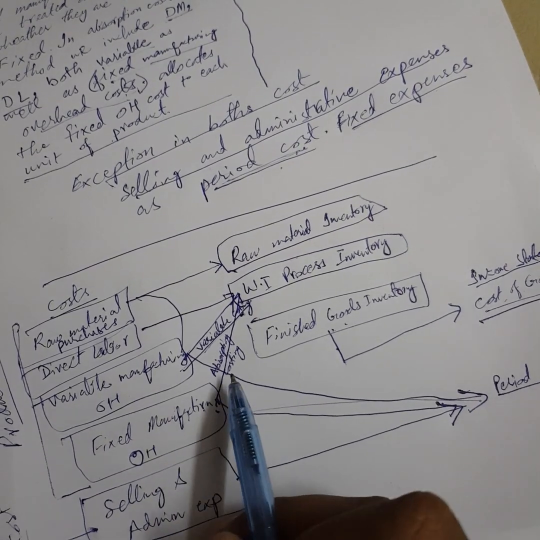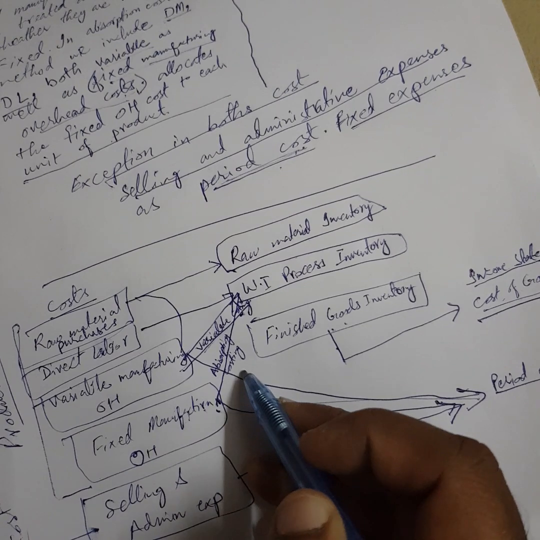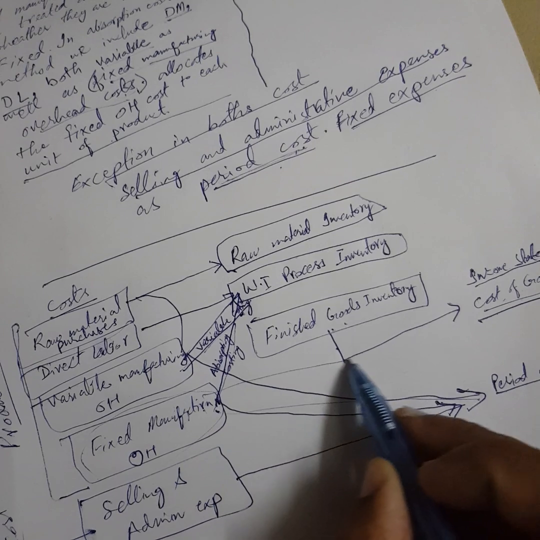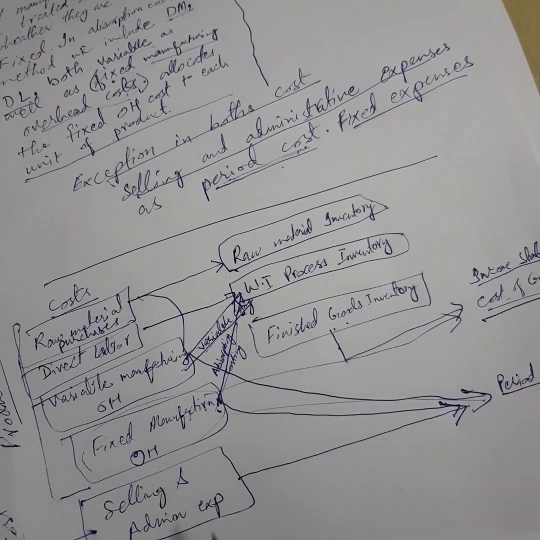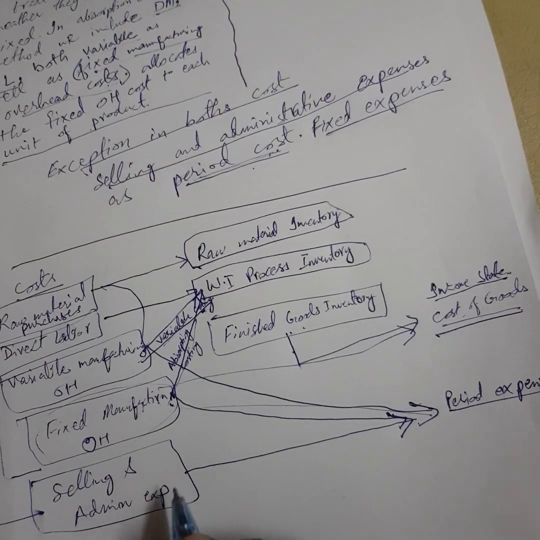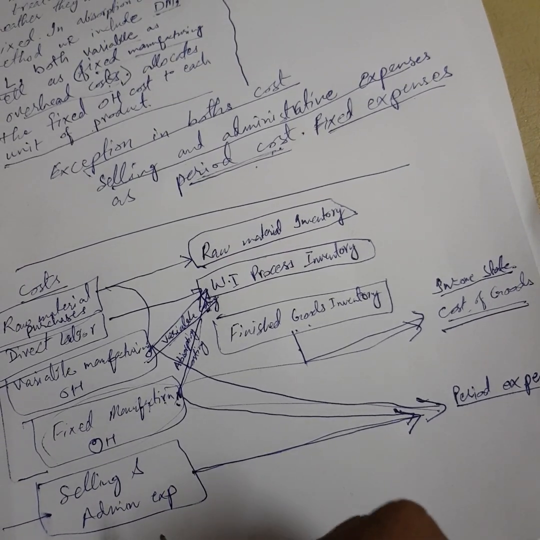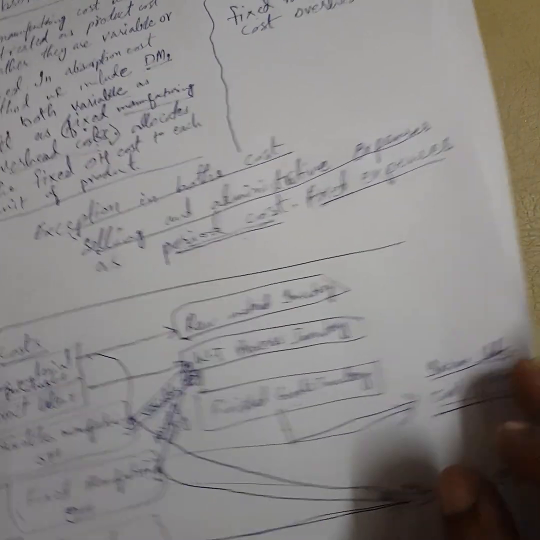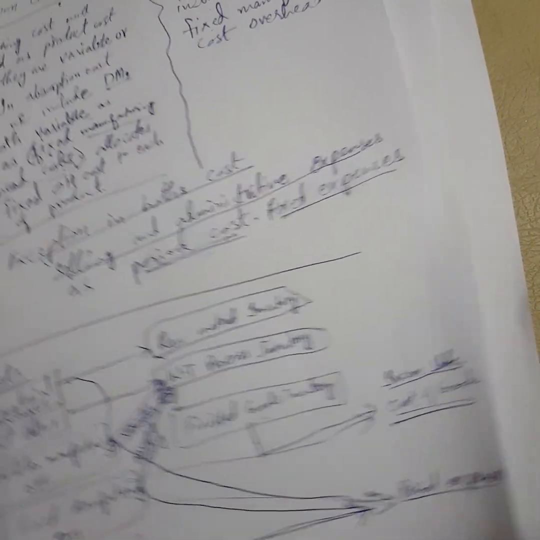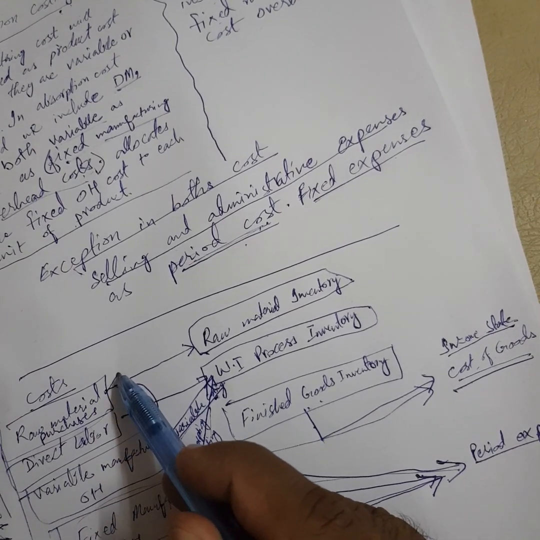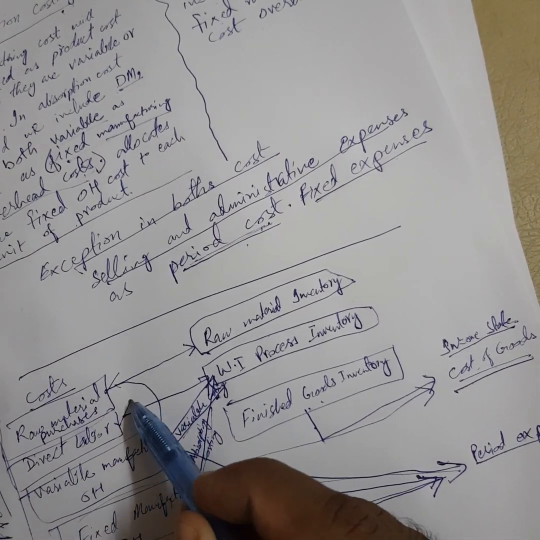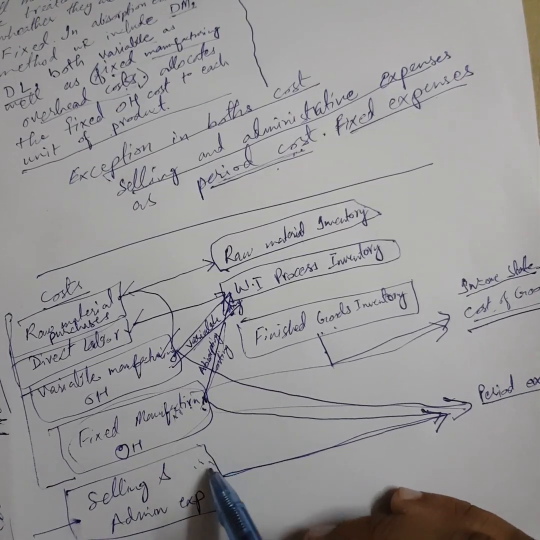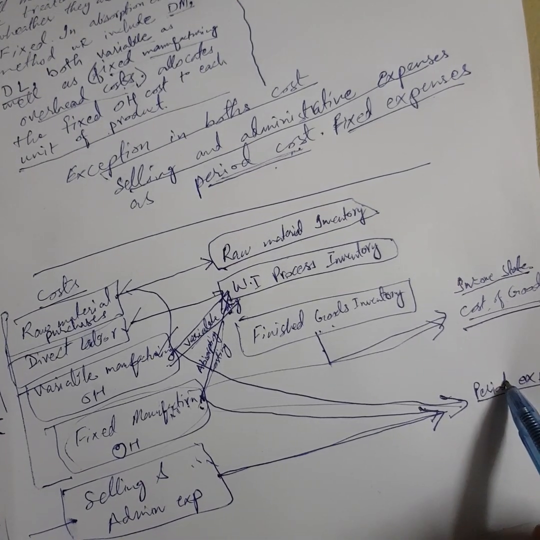As compared to it, if we are calculating absorption cost, then fixed manufacturing overhead will also become part of cost of goods sold, and the period expenses will only include the selling expenses. I am repeating that in the variable costing income statement, we will include raw material as direct material, direct labor, and variable manufacturing overhead. And these two costs will become part of period expenses.